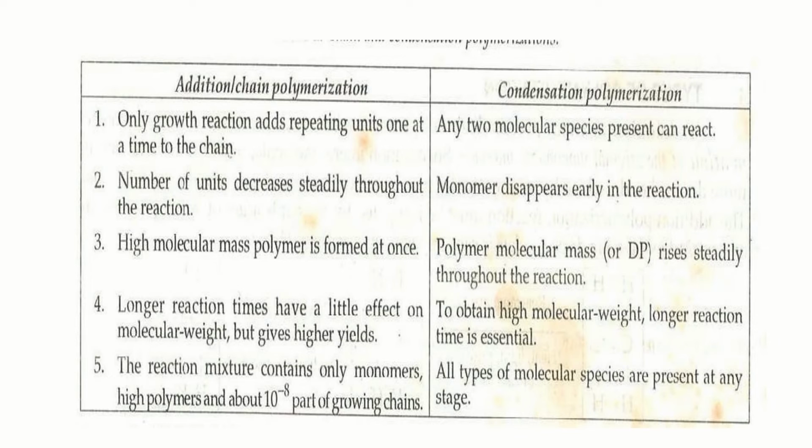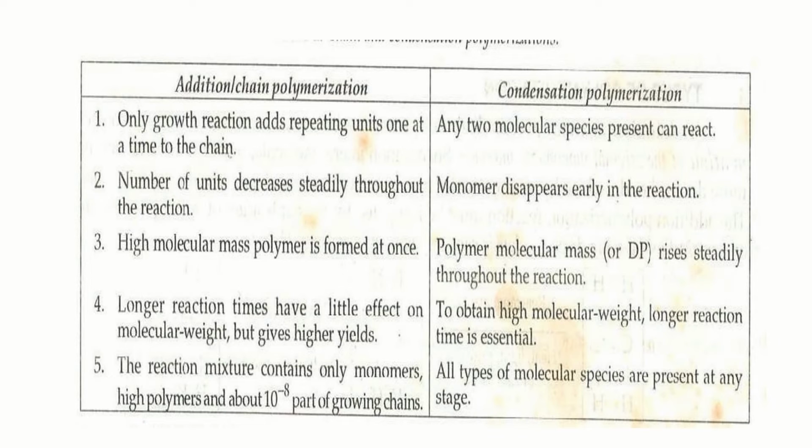In addition polymerization high molecular mass polymers are formed. In condensation polymerization the molecular mass rises steadily throughout the reaction, and in addition polymerization longer reaction times have little effect on molecular weight but give high yield, but in condensation polymerization, to obtain high molecular weight, longer reaction times are essential.